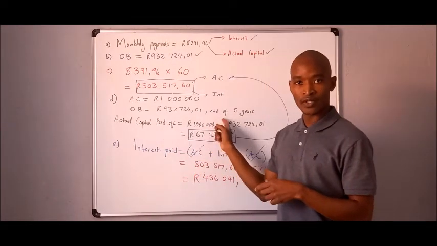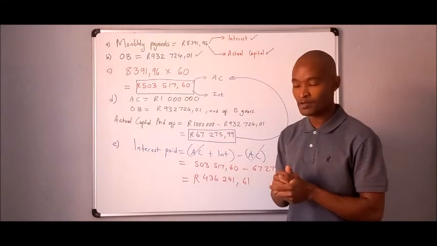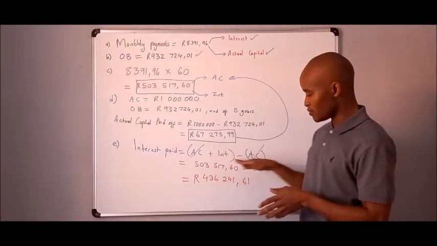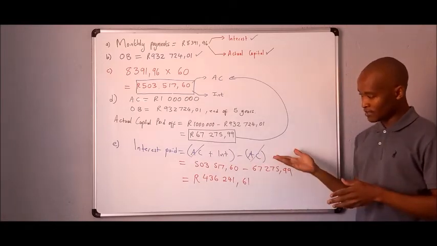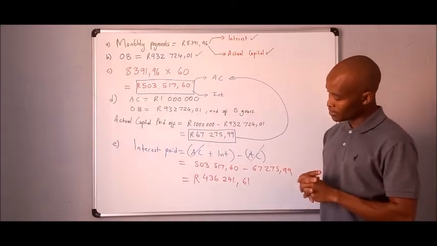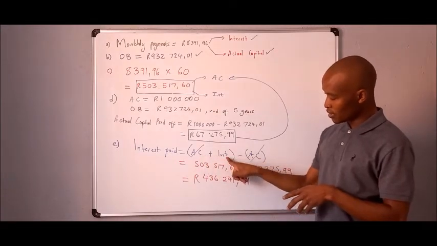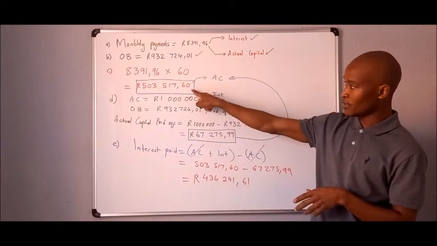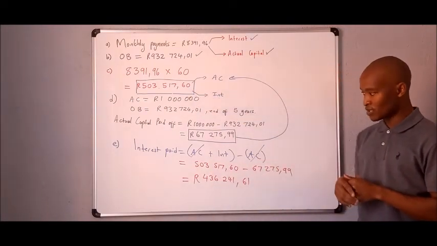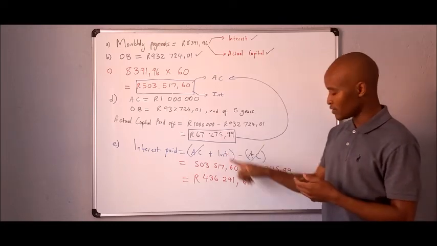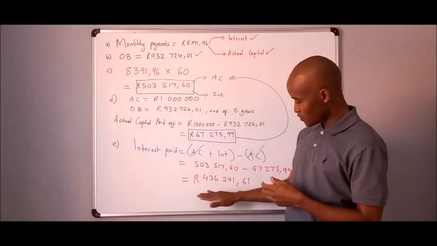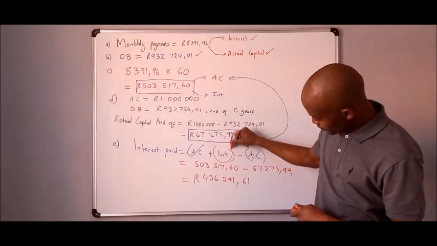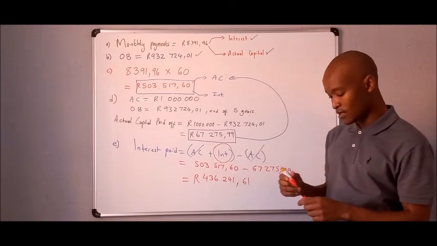We make use of the actual capital of the loan, which is the original value of the loan that was granted as per agreement. And the split here is important to see. I think it simplifies things to write it this way: the actual capital plus interest at the end of 5 years, that was the amount that we got there, minus the actual capital that was paid at the end of 5 years, and that just gives you the interest, because the AC and the AC cancel.